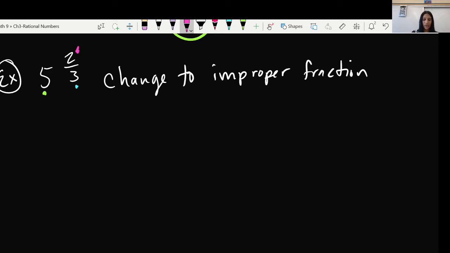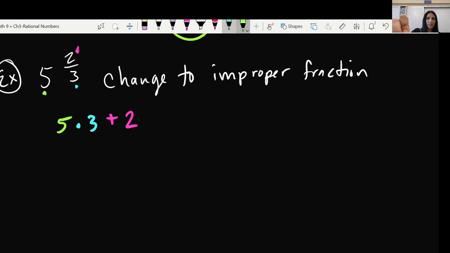If I want to change this to an improper fraction, which by the way is a fraction that has a bigger numerator than it does a denominator, the way that I would do that is I would take the 5 and multiply that by the 3 that's at the bottom, and I would add 2 to it.